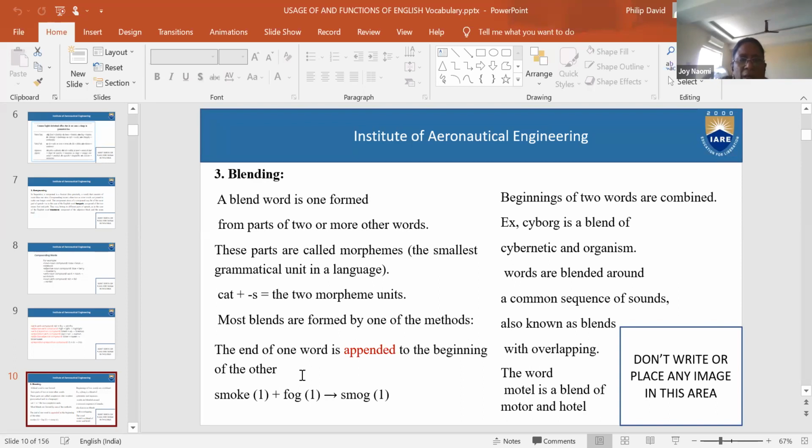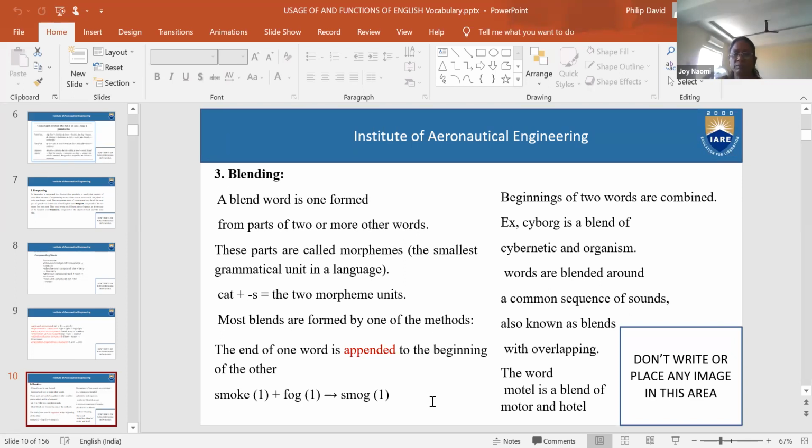Now you take part of one word and part of another word, not the whole words, and you join these small parts and get a new word, like smoke and fog, smog.